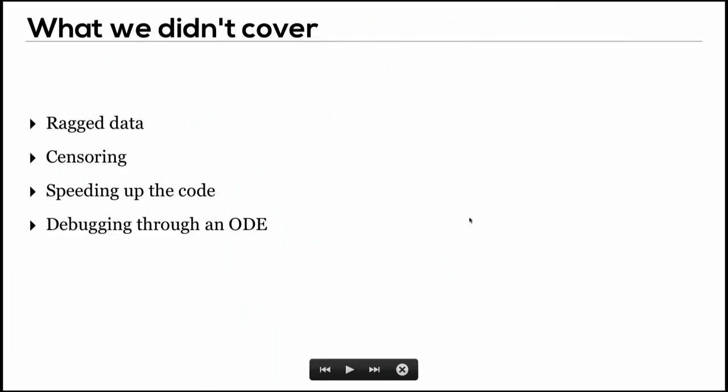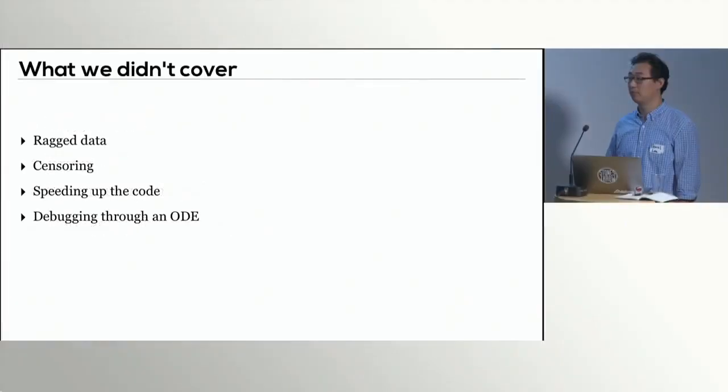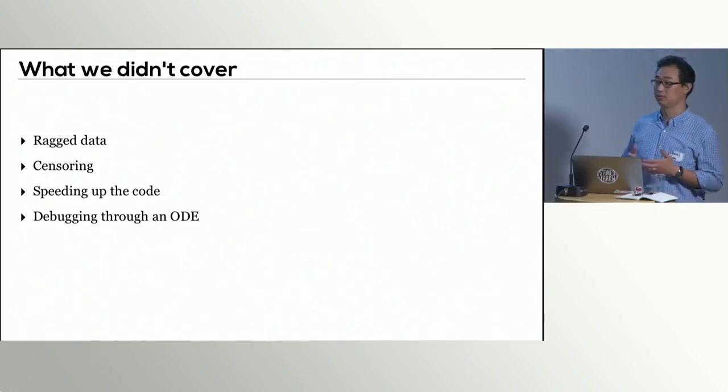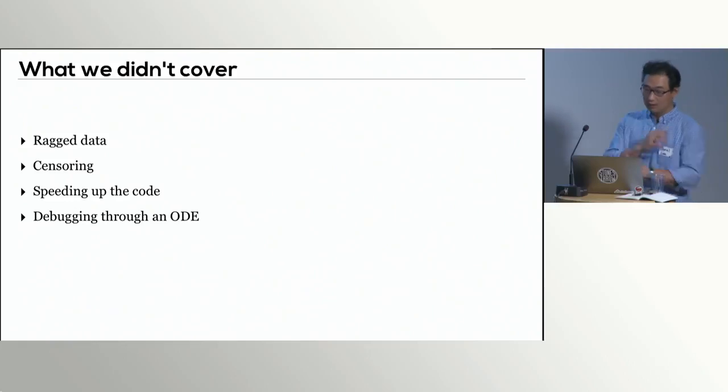All right, certain things that we didn't cover: ragged data. I know I mentioned it. To use it inside MapRect, you have to pad out each of those data structures because they're all rectangular. That's where the rect comes from. Censoring, that's just part of the model.